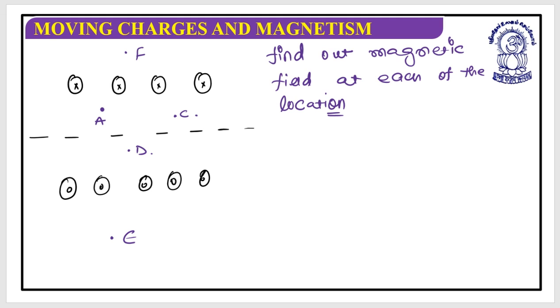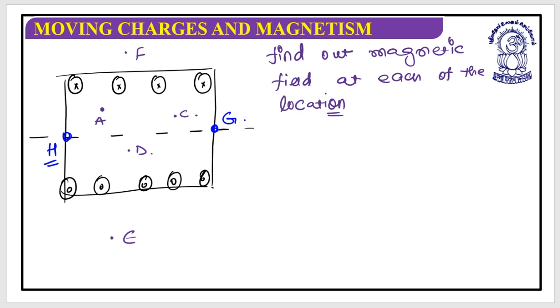Let's suppose this is just the ending of the solenoid, and these two points are there, a G and a H, something like this.